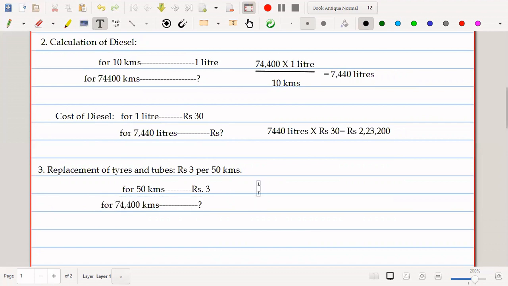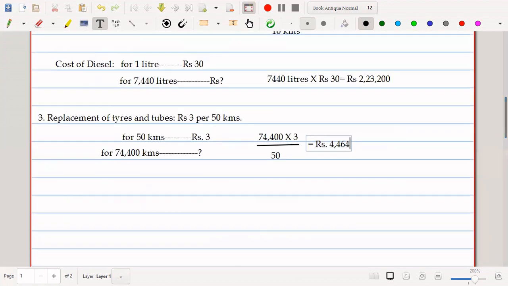Let's cross multiply this: 74,400 into 3 divided by 50. That is equal to rupees 4,464. So this is how you calculate replacement of tires and tubes.